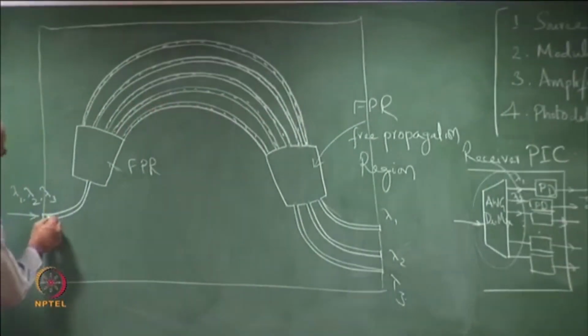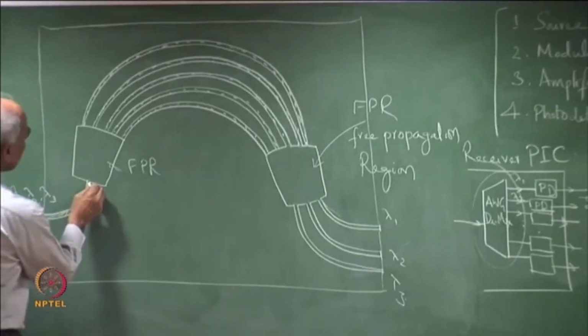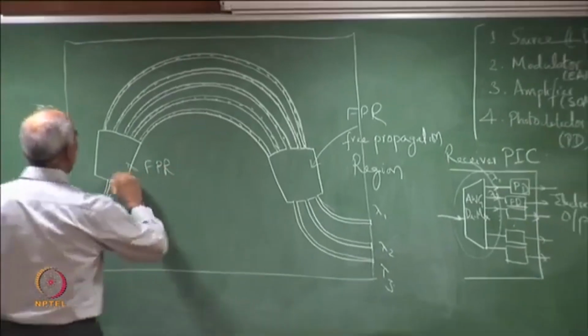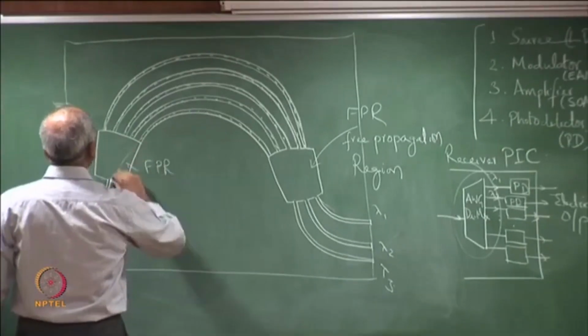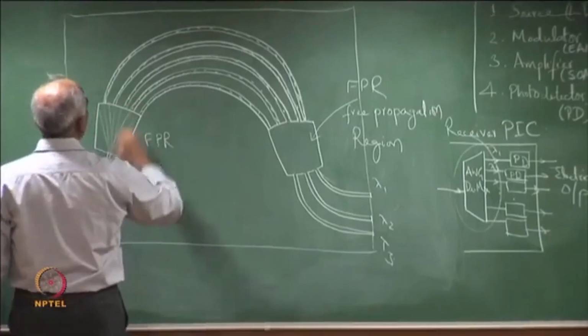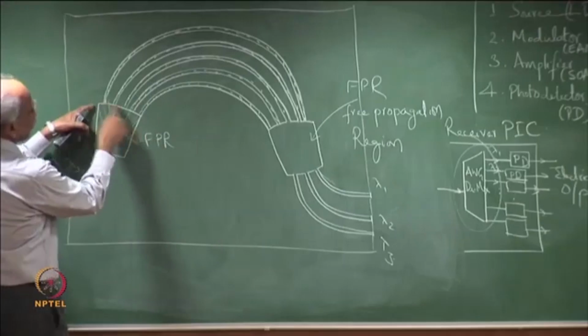Light which is entering here, the multiplexed channels, enters the free propagation region. There is diffraction taking place. So, light diffracts into all the channels here, which are actually quite close.